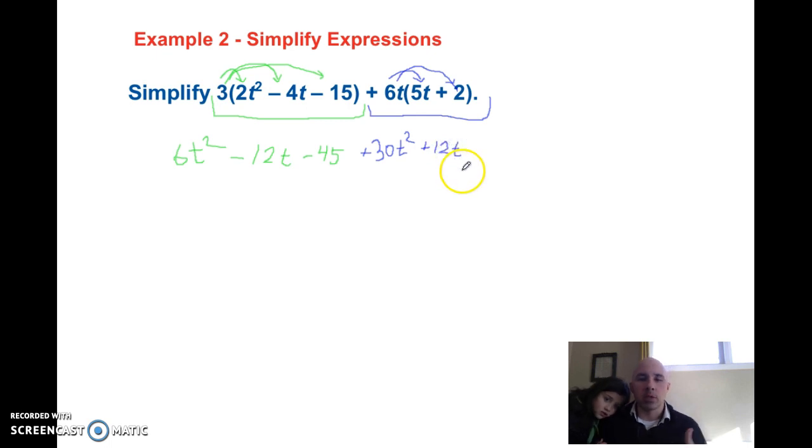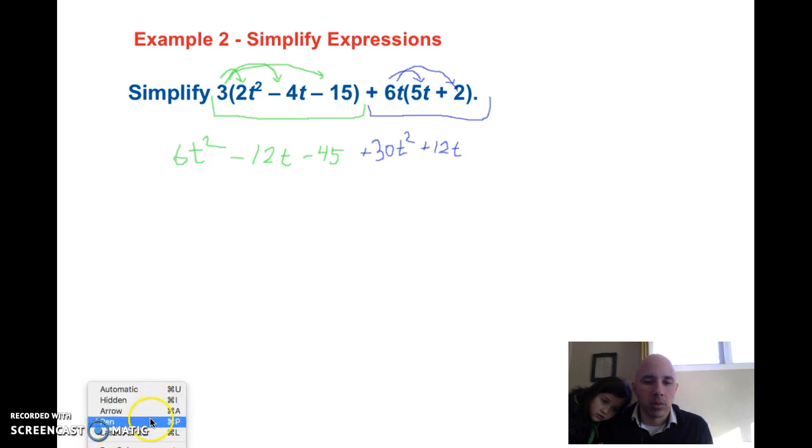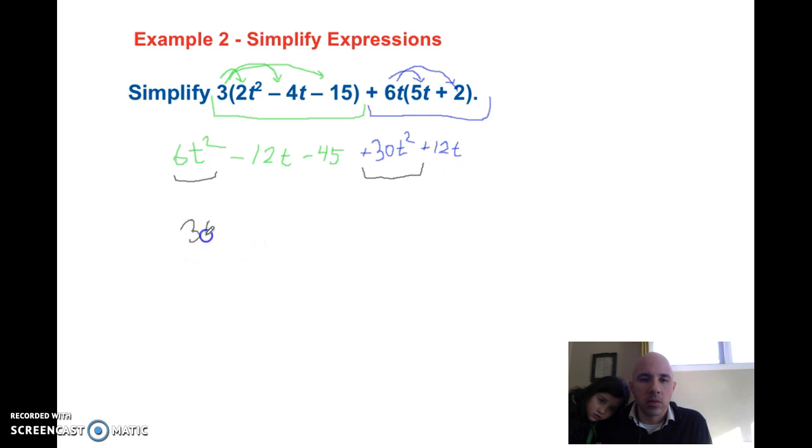All right, in our last benchmark, 21, we went to combine like terms, so let's go ahead and combine those terms. So let's see, change the color here. Let's go black. All right, 6t squared plus 30t squared gives us 36t squared.